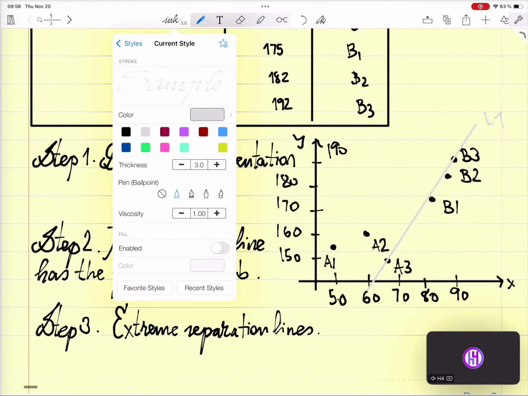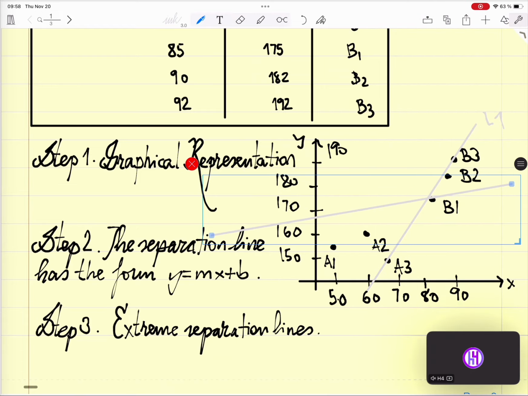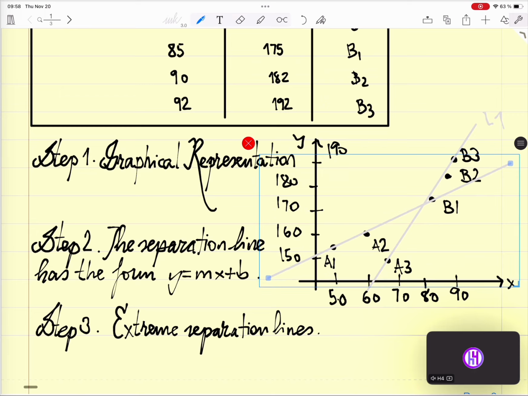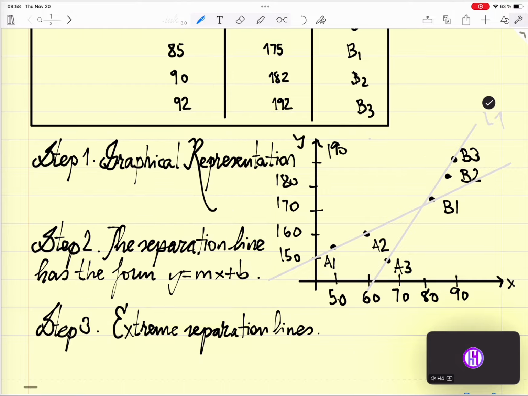Let me paint it, going through the points A2 and B1. Both lines are going to join in one point called alpha.